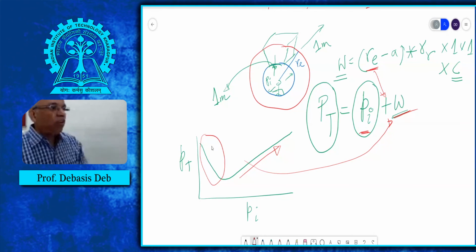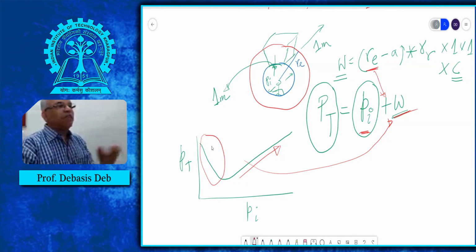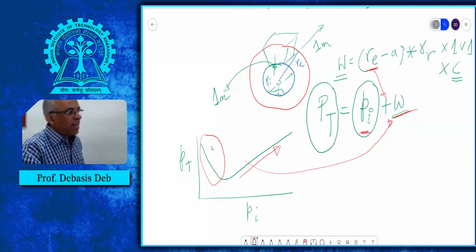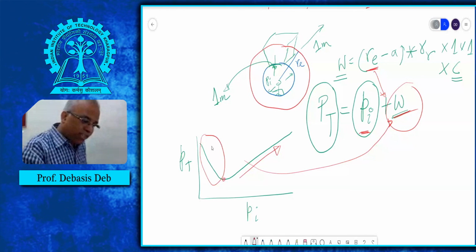If you start to increase PI, after some point of time you will reach the critical pressure. And when you reach the critical pressure, there is no fractured zone, then PT will be PI. This will be basically zero. There will be no effect of it. So what we see is there is a minimum value, minimum PT. This is the PT min.